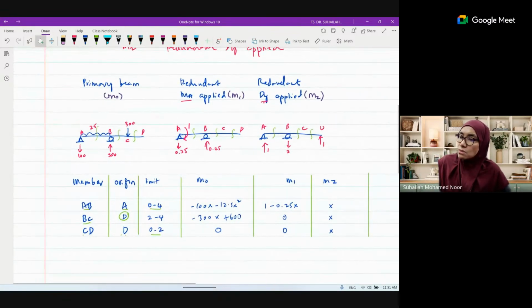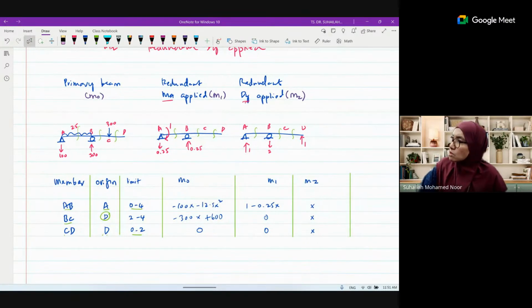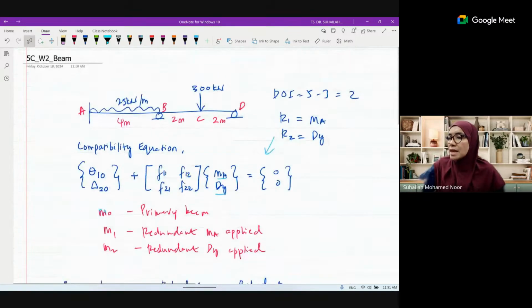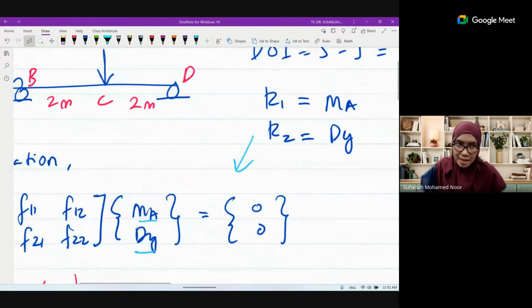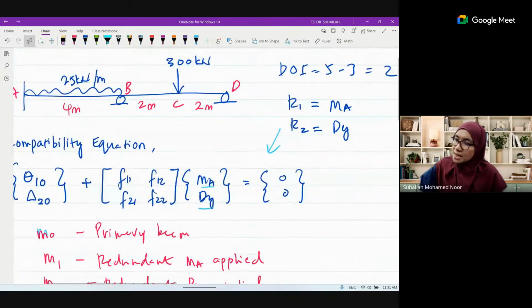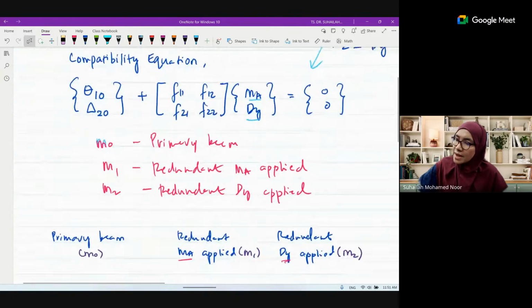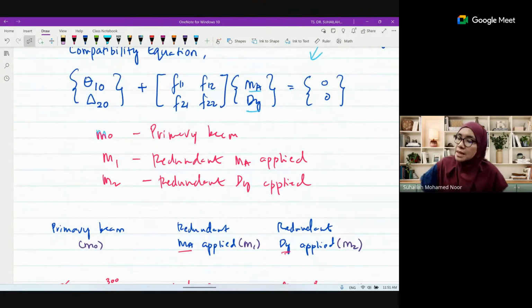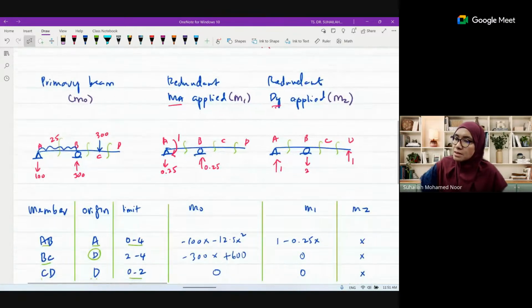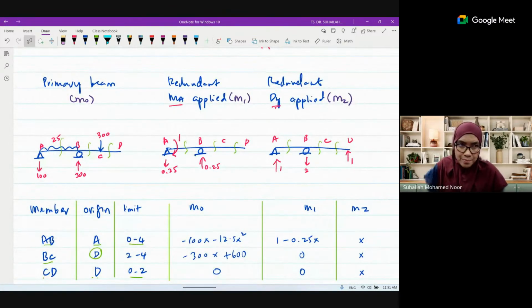Okay, so what most important dalam solution your answer scheme tu, saya memang akan tengok redundant apa you pilih. Okay, from redundant ni you have the right system, and then all the system with the diagram. So each diagram you have to show all the reaction. Okay, calculation reaction tu saya tak tengok. Saya nak tengok sistem yang dah ada reaction.